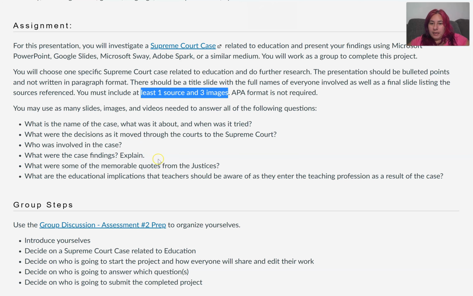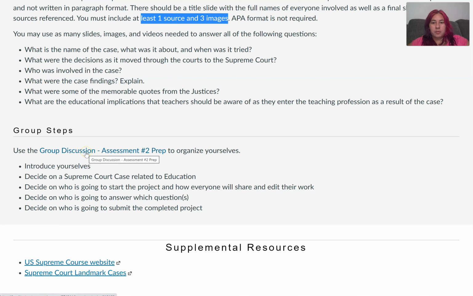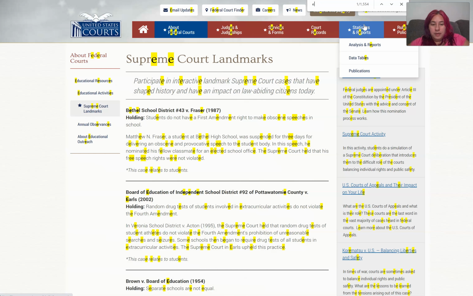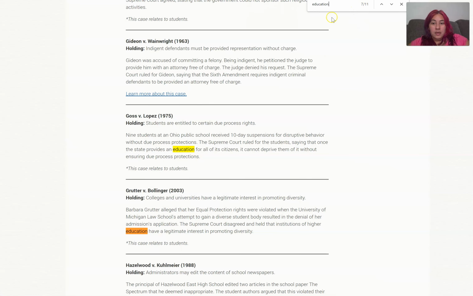And make sure you all claim them in that discussion forum we were talking about. There are some resources that give you the Supreme Court landmark cases. If you click there, you can see all of the landmark cases, and then if I press Control F or Command F, I can type education and then see some Board of Education things.